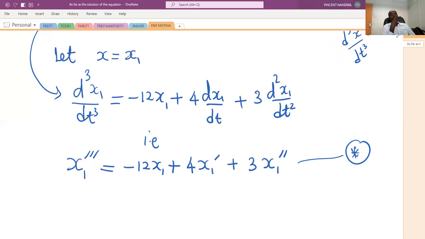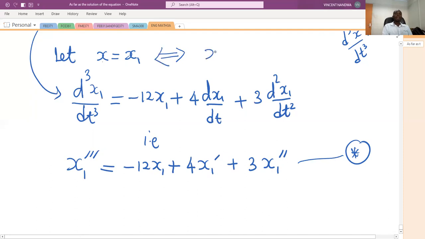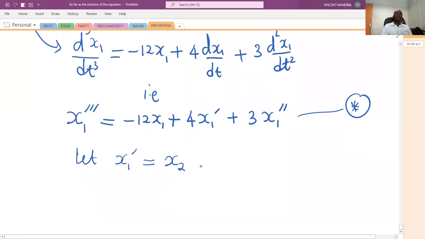Fine. So I want us to differentiate both sides of this equation. We say x equals x1, then it's the same as saying x prime equals x1 prime. That's what we have done here. And then next, let x1 prime be another new variable, x2. This one you call equation 1.